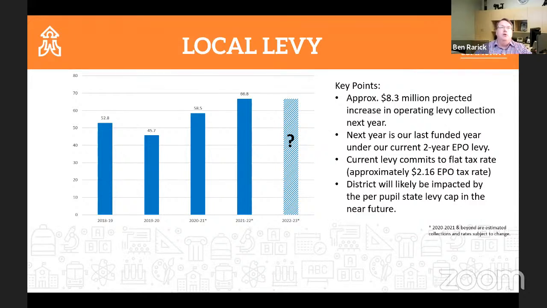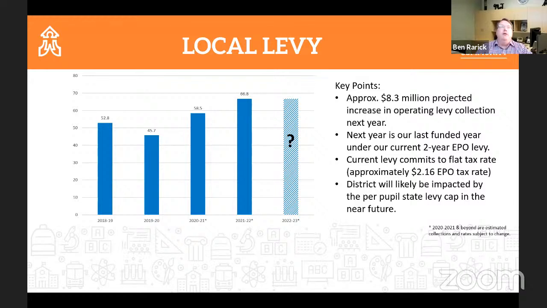So local levy. It doesn't seem like that long ago when we passed our EP&O levy. But it was a 2-year levy, right? So we are actually now, the school year that we are budgeting for is the last final school year of our approved levy.